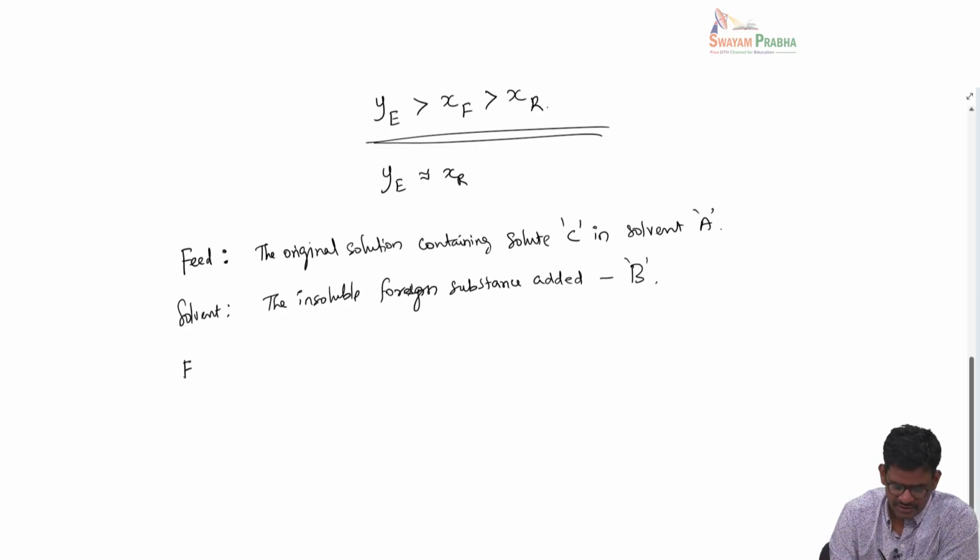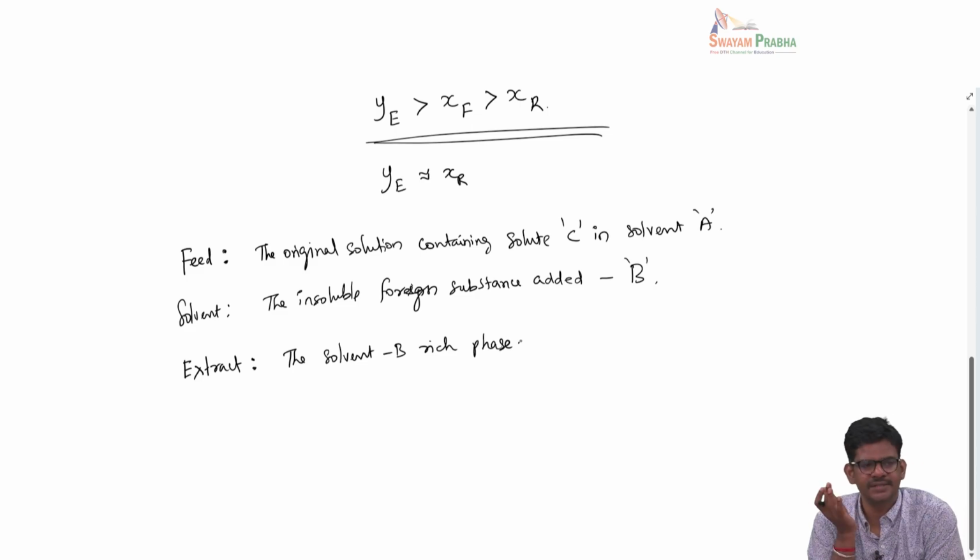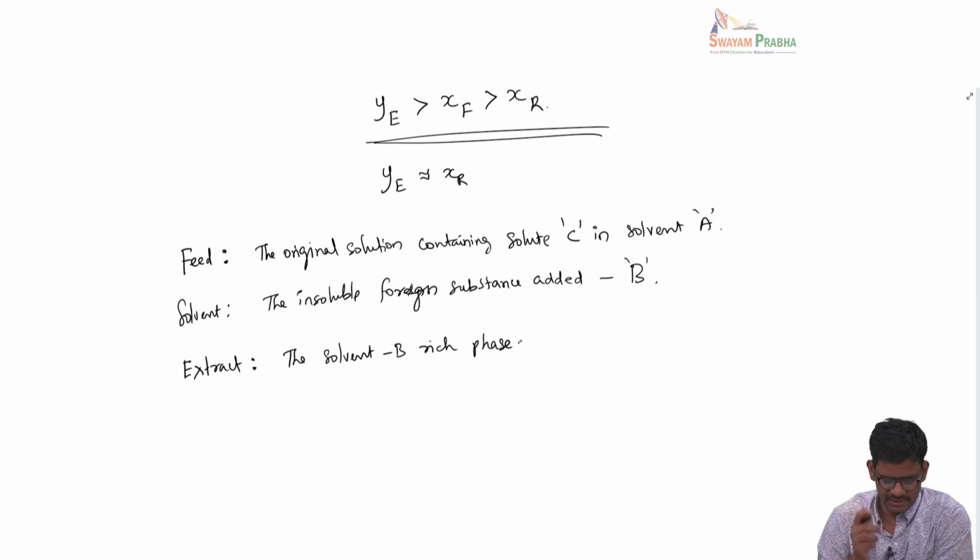Now since this operation leads to two phase separated liquids, we have what is called the extract. So this extract is basically the solvent B rich phase. The liquid that is rich in solvent B, we call it the extract.